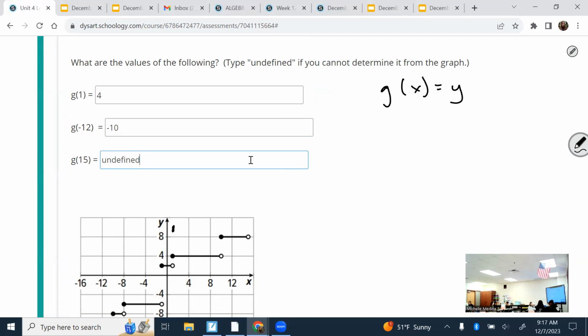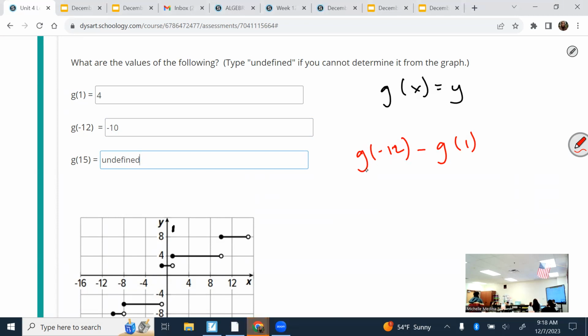And then a side note, just because I've been looking at your test a lot lately, making the retake and all that stuff, I know you can tell me what the outputs are, but if I gave you something like g of -12 minus g of 1, you have to be able to calculate stuff like that too. But it's easy.